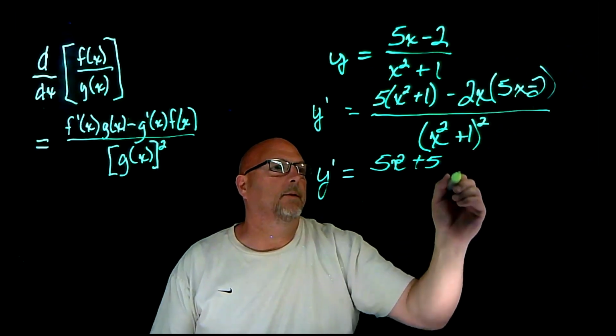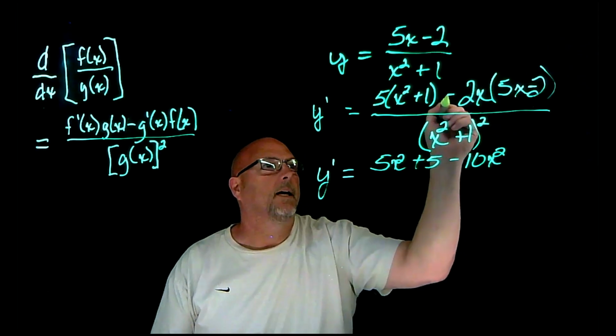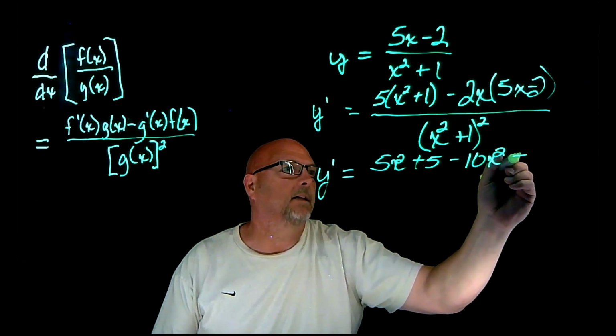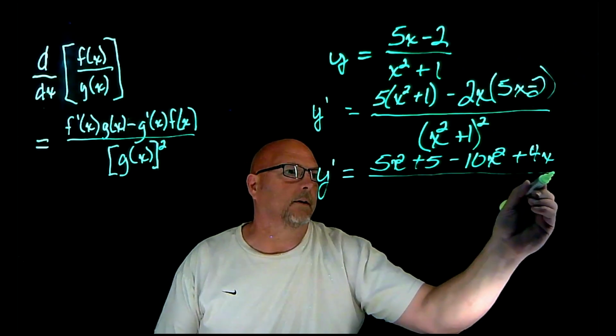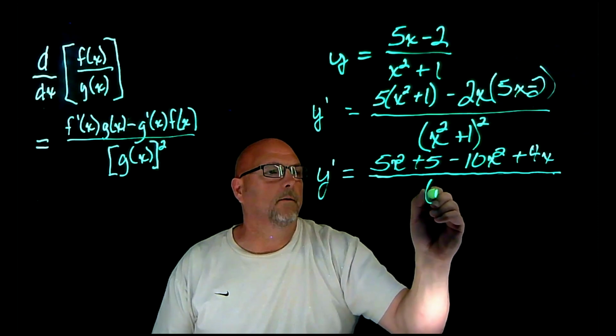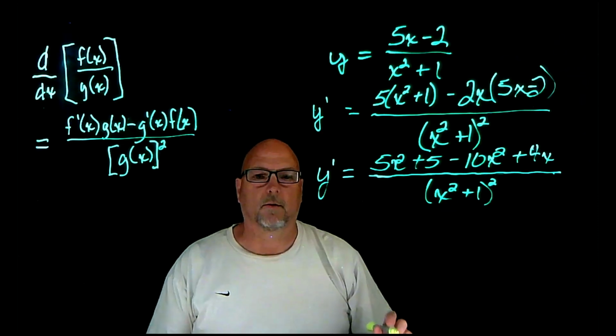Negative 2x times 5x is negative 10x squared. And negative 2x times negative 2 is a positive 4x. And that's all over this x squared plus 1 quantity squared.